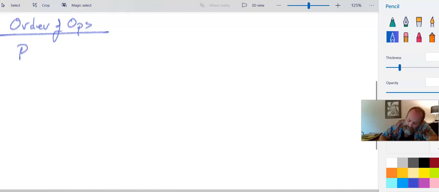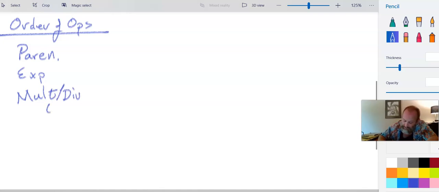But in any case, when you do this, you start with parentheses, and then you hit your exponents, then you hit multiplication, and you actually hit division at the same time, right? And multiplication and division are left to right. And then after you finish multiplication and division, the last thing to handle are your additions and subtractions. These are also left to right.